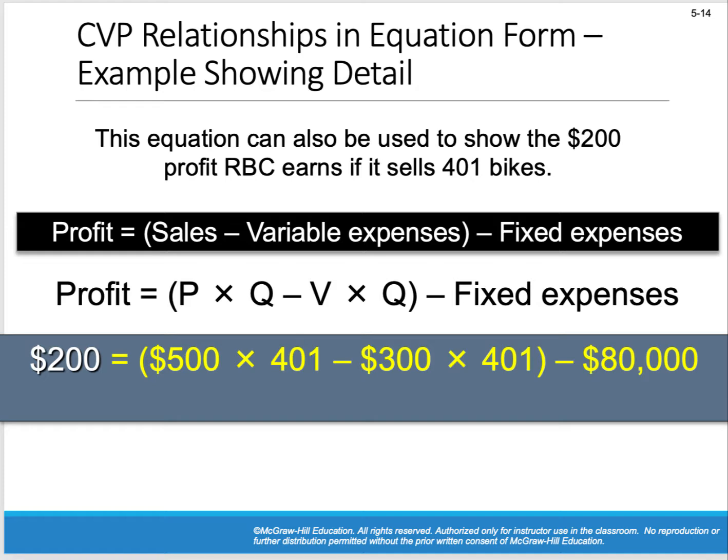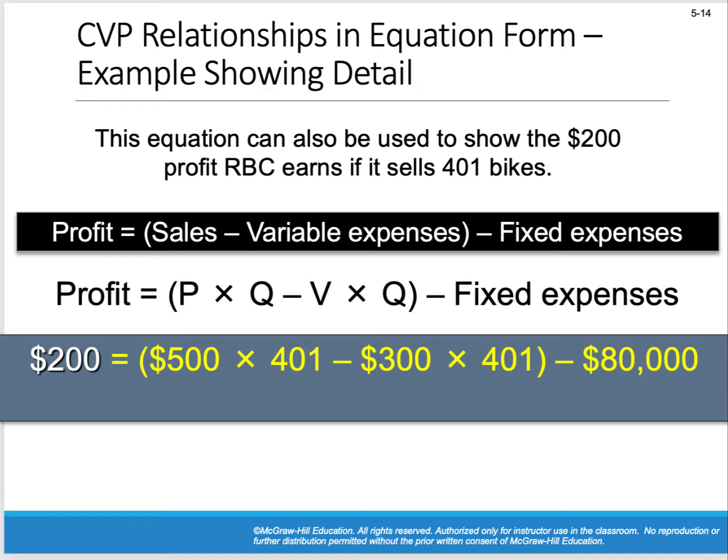So we can use this refined equation, and we can demonstrate here how if RBC sells one more bike above break even, which is 401 bikes, we can see how that profit equals $200, which again is the contribution margin per unit. $500 is the selling price per unit times 401 units minus $300, which is our variable expense per unit, times the quantity.